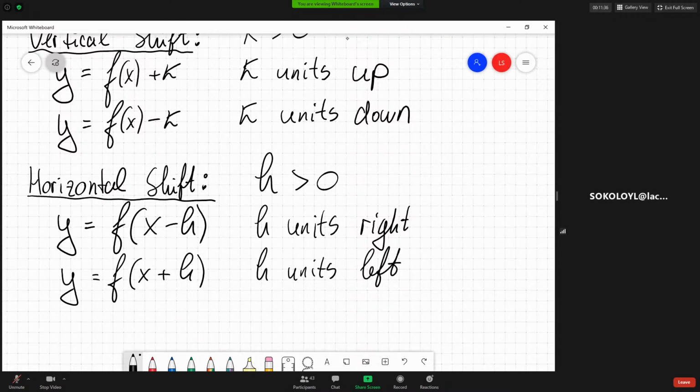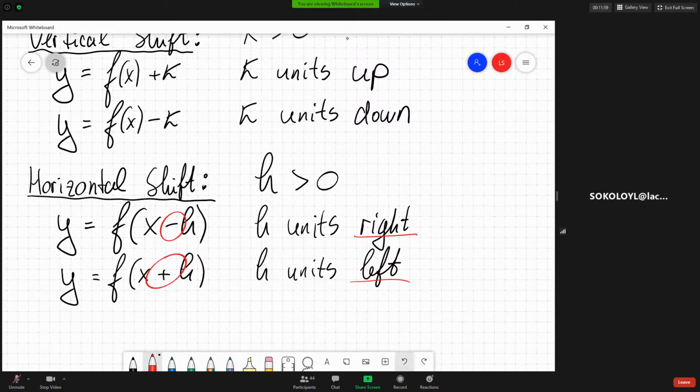So notice the difference. Notice that for up and down, plus was up, minus was down. However, for left and right, minus inside the function is right, plus inside the function is left. So it's the opposite of what you would expect.